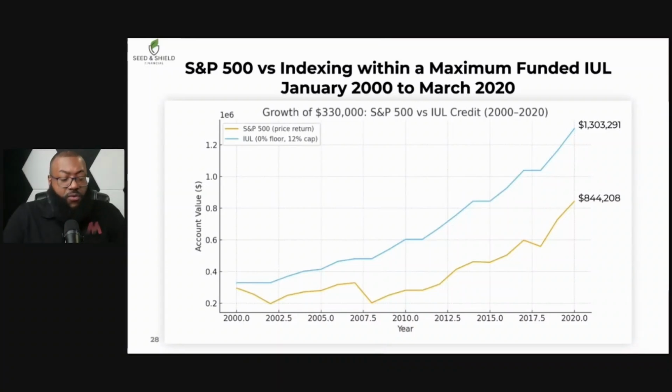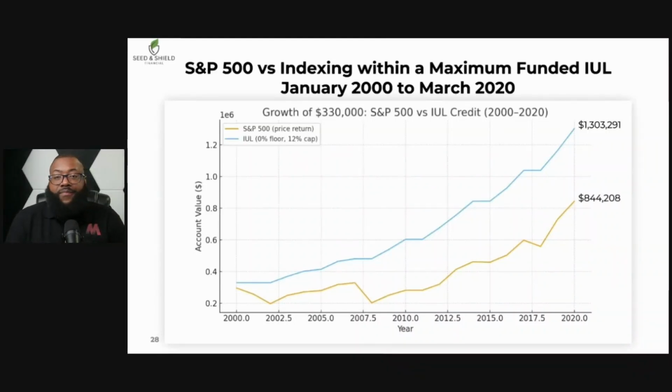Now, is it more than 330,000? Absolutely it is. But what if you could have experienced the same time frame, same dollars, and had no missed sleep, you had complete peace of mind, and you put your money in an IUL? Your money would have stair-stepped all the way through that same time period, and it would have been $1.3 million.